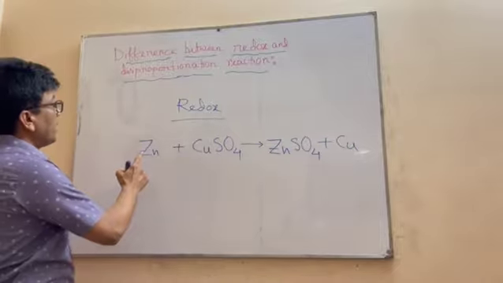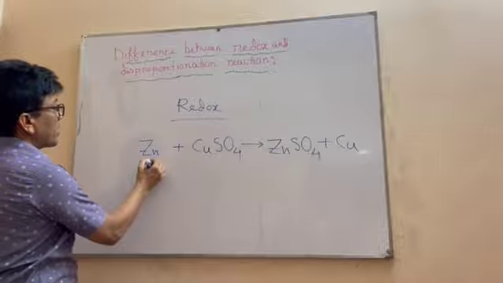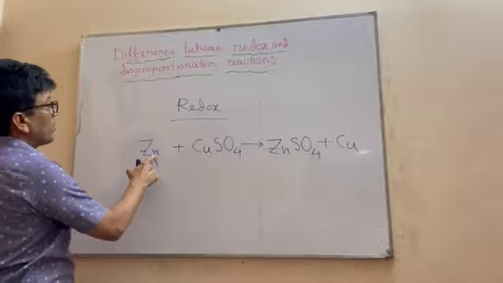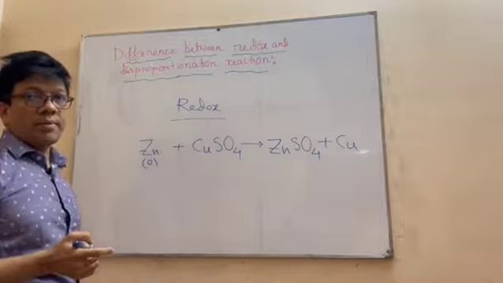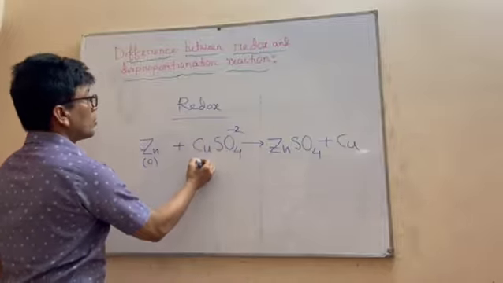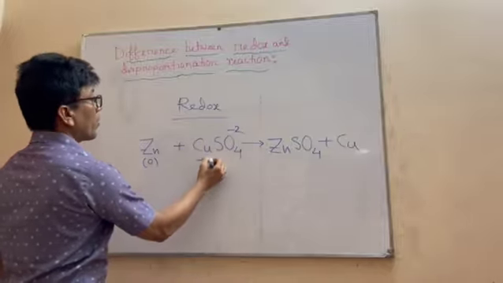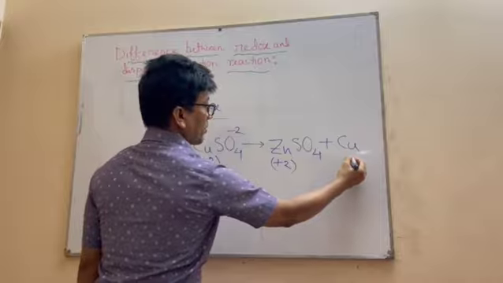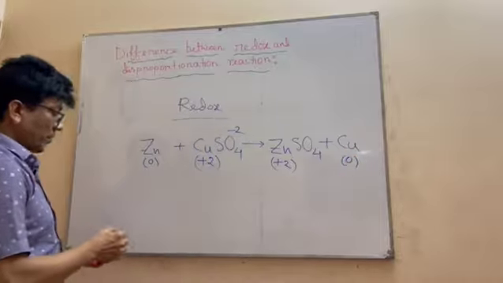Why? Here zinc oxidation number is 0. You know, an element has an oxidation number of 0, so this is 0. Copper, here sulfate is -2, so copper ion is +2. Here zinc oxidation number is +2, copper 0.